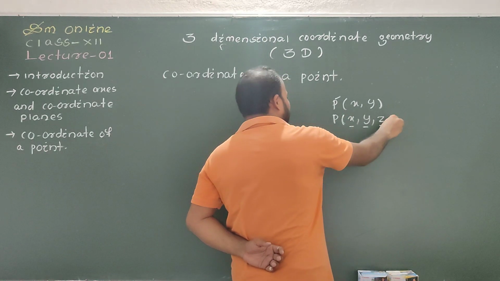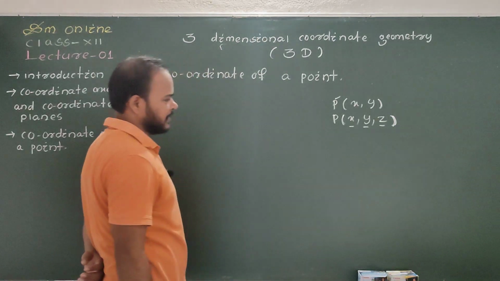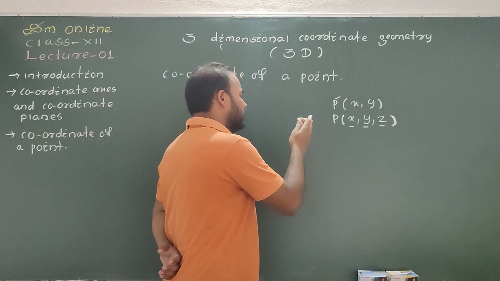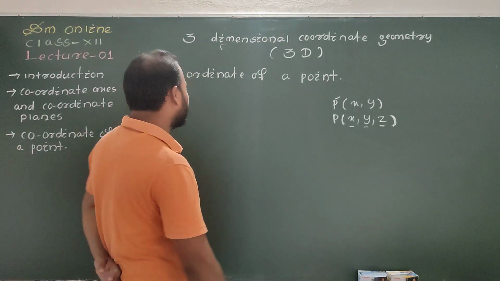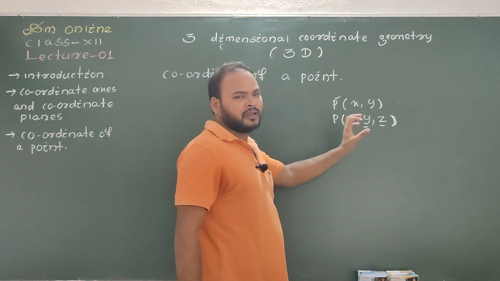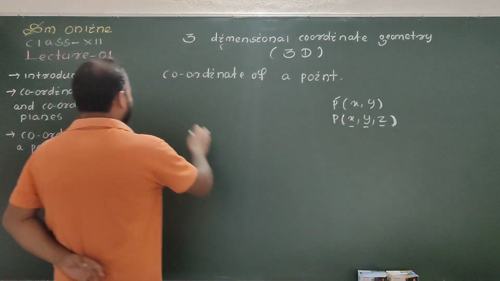Okay, triplet ordered pair. So the point is determined by the triplet ordered pair. Coordinate of the point is determined by what? Triplet ordered pair. Okay, first one is what?